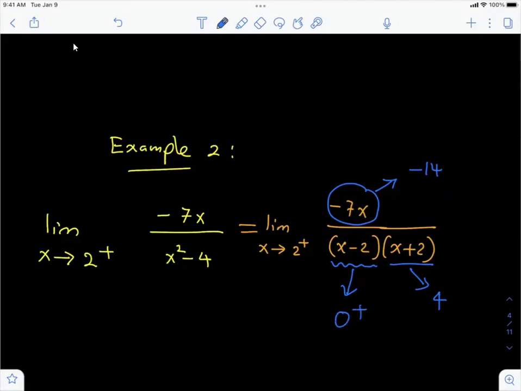You have a negative divided by a positive and another positive. So you have a negative output, and a quantity that goes to 0 in the denominator makes the recipe for an infinity.